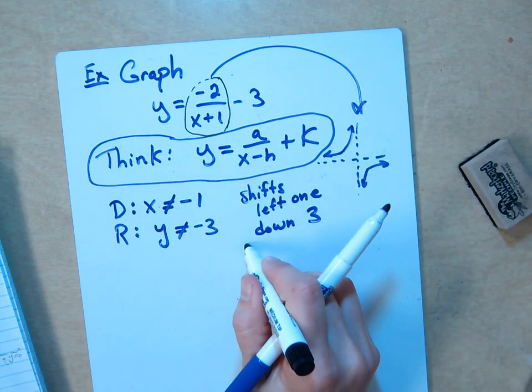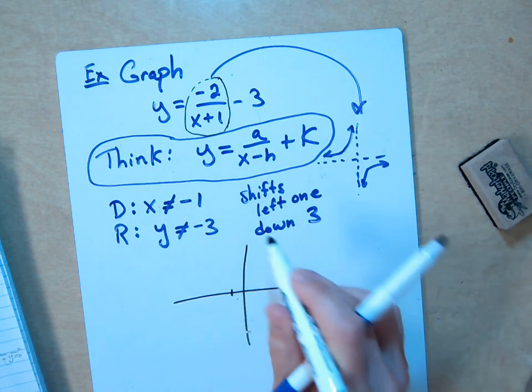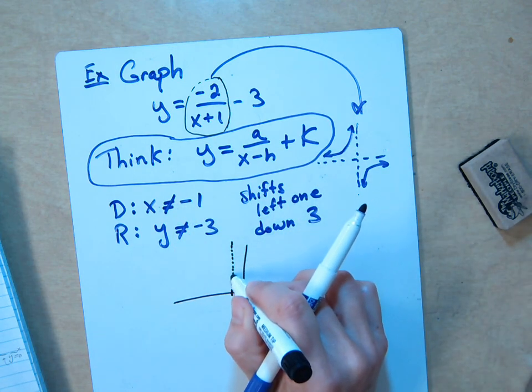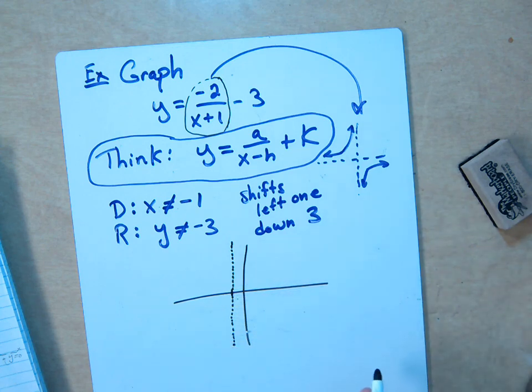So first, we know that x can't be -1, so we put a dotted line there. This is how you graph your asymptotes first. The dotted line is a part of your graph.